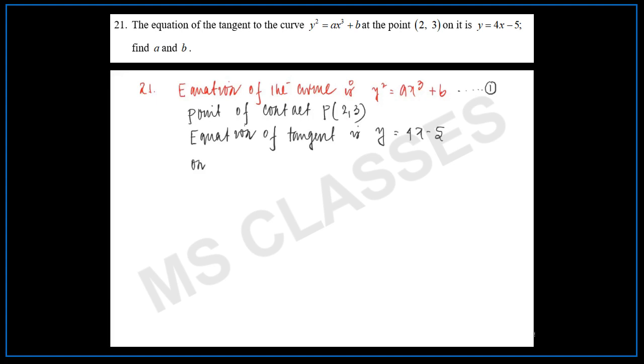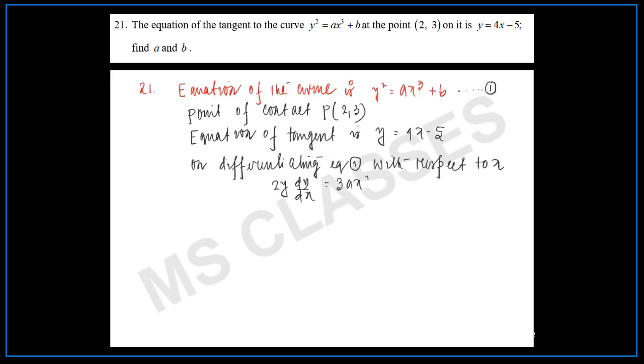On differentiating equation 1 with respect to x, we get 2y dy/dx equal to 3ax squared. Now from this we get dy/dx equal to 3ax squared by 2y.